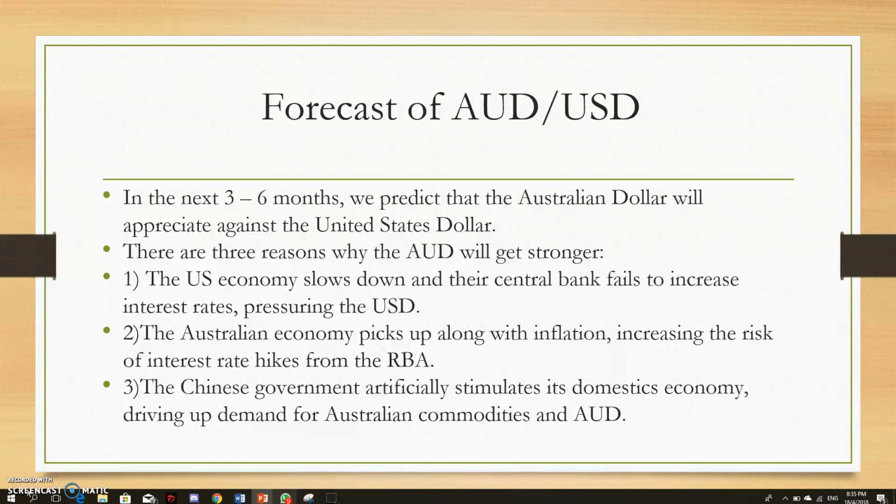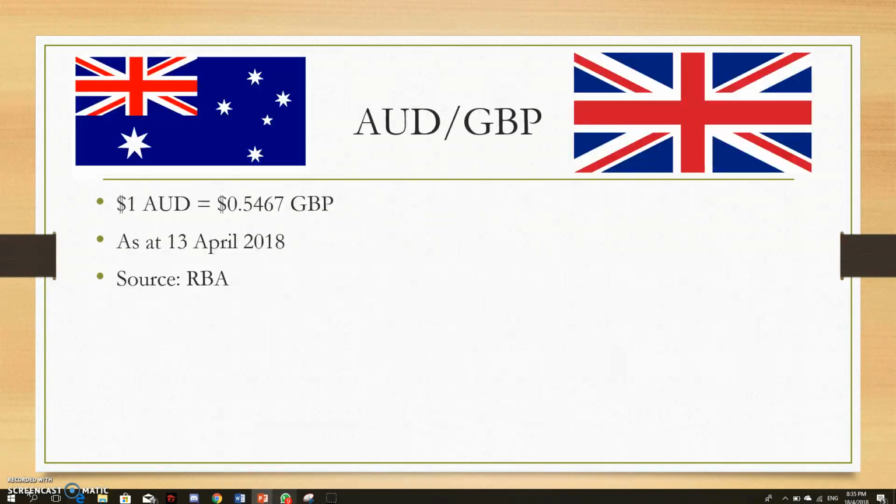Second, the Australian economy picks up along with inflation, increasing the risk of interest rate hikes from the RBA. Last, the Chinese government artificially stimulates its domestic economy, driving up demand for Australian commodities and AUD.